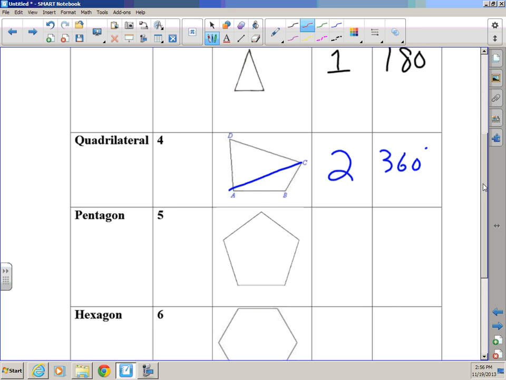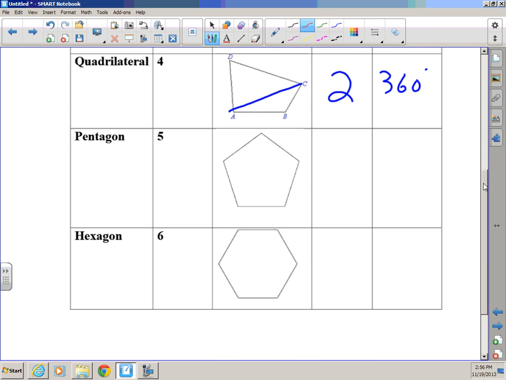Now, a pentagon, which has 5 sides. If I start at this top vertex, I draw to the 2 opposite vertices, and you'll see I formed 3 triangles, which is another 180 degrees, for a total of 540. Again, I could have gone from a different vertex to the 2 opposite it.